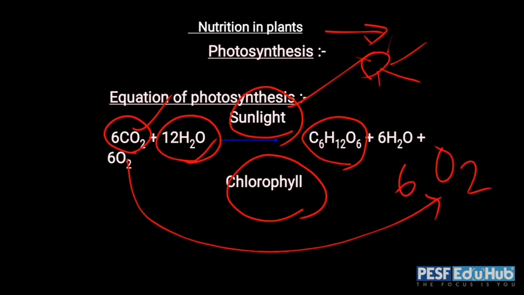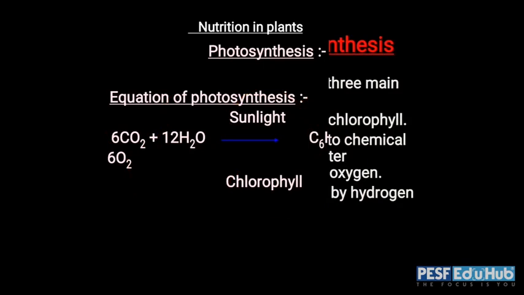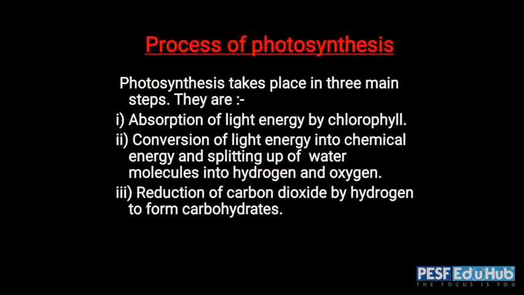What are the reactants of photosynthesis? 6 carbon dioxide and 12 water. It takes place in the chlorophyll or chloroplast of green leaves in presence of sunlight. Photosynthesis involves 3 major steps. First step is absorption of light energy by chlorophyll.